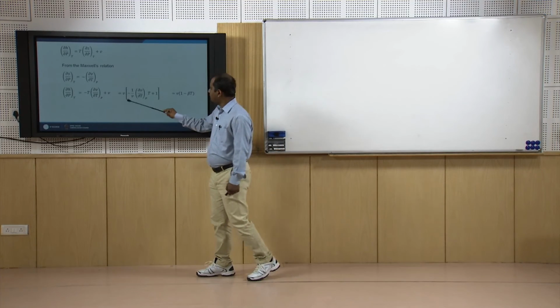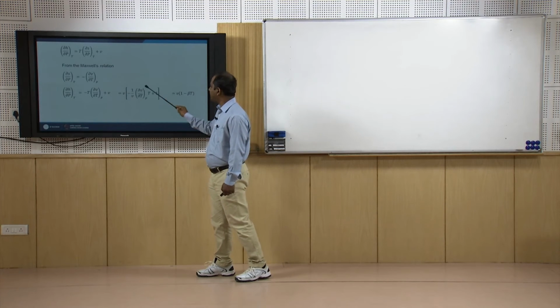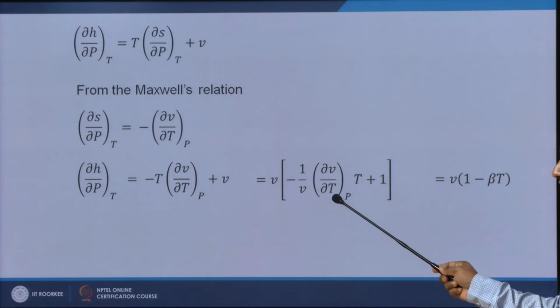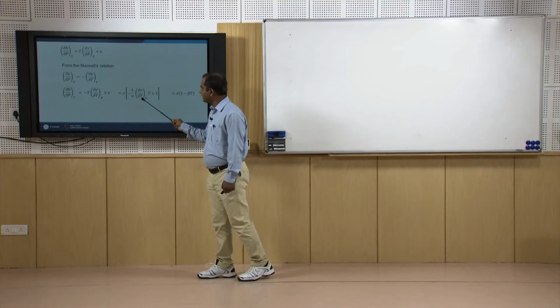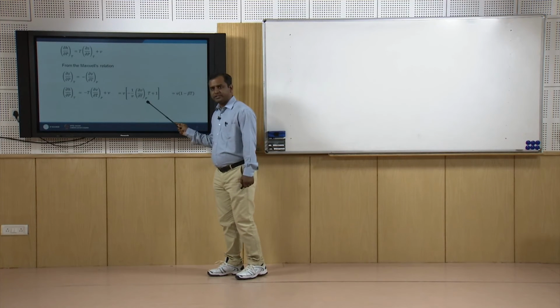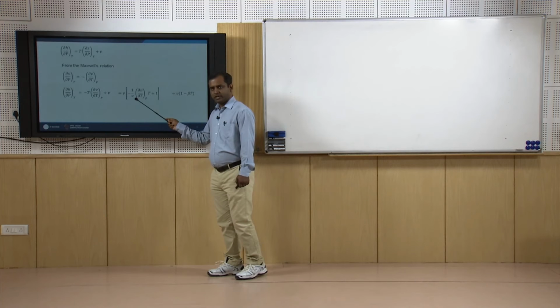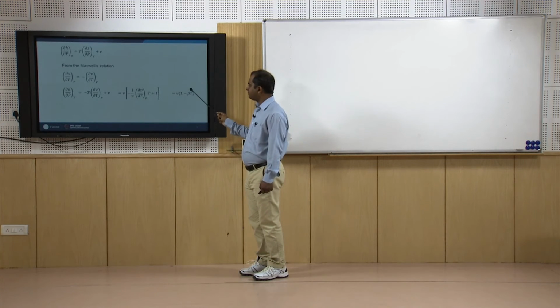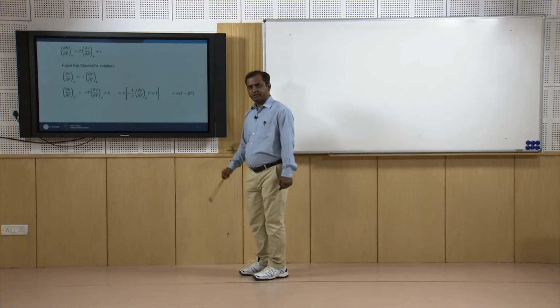Now, this term can be written as beta. Okay. So, what is beta? Beta is nothing but per unit degree change of temperature, how much volume is changed at constant pressure per unit volume. So, that one I am writing as beta, the volume expansivity at constant pressure, right.